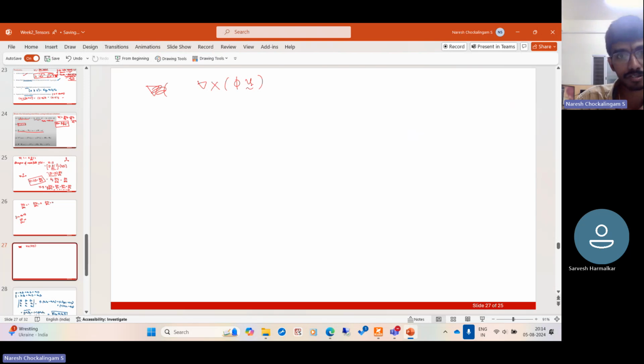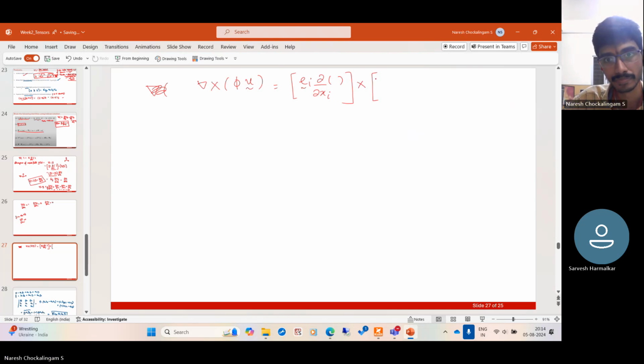So you just use the indicial notation. So grad is what? Grad is e_i partial with respect to i. No, we don't need to do the grad operator.